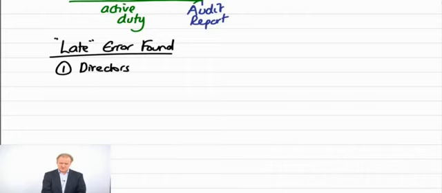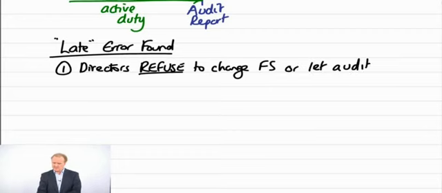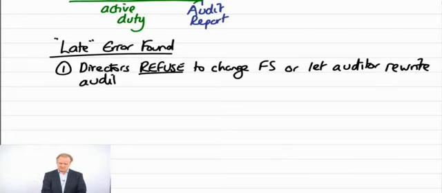The relatively easy one is if the directors refuse to change the financial statements or let you, the auditor, rewrite the audit report.